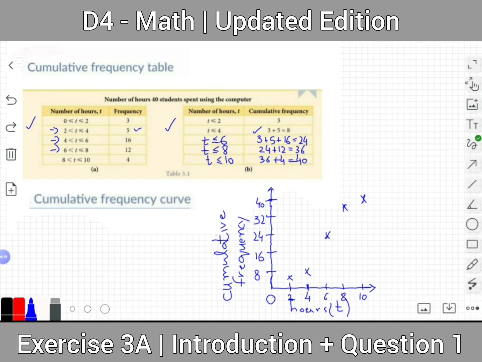We can see the cumulative frequency goes up to 40. So that's why we have scaled the y-axis, labeled by cumulative frequency, up to 40.